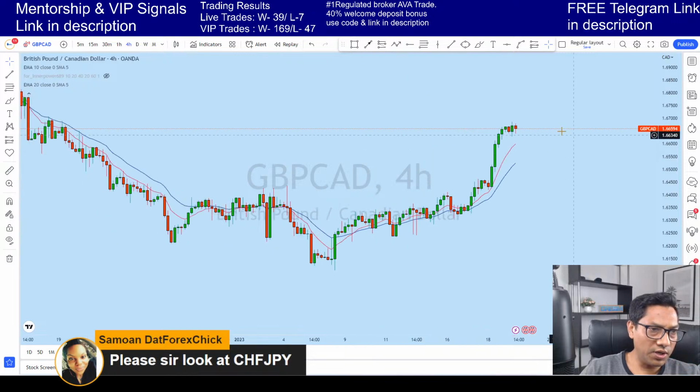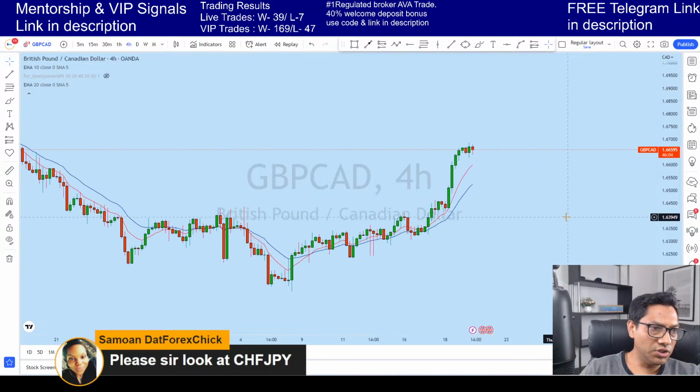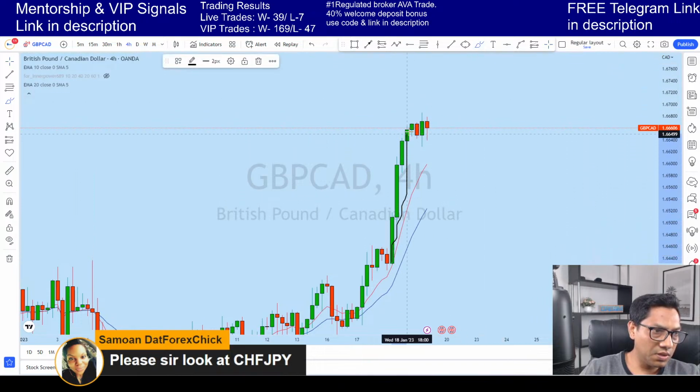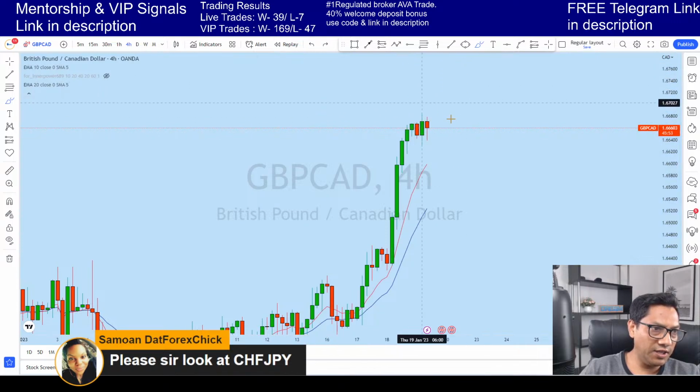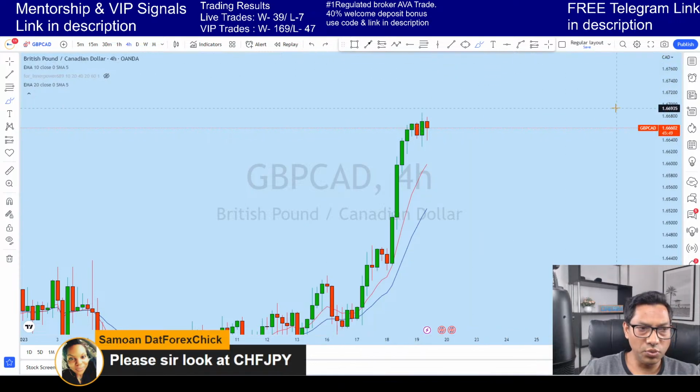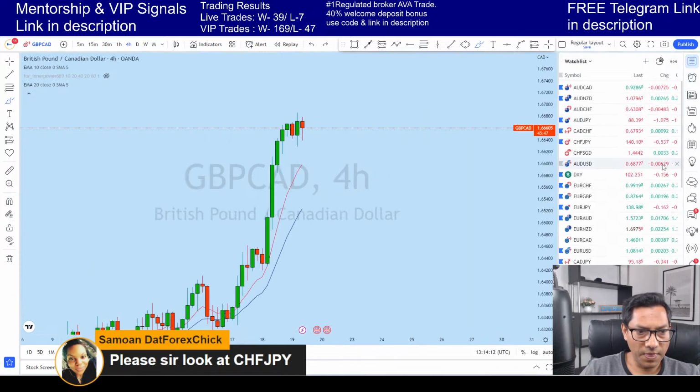Let's look at the lower time frame. So this is where I see that after this big impulse, consolidation, which is a continuation pattern, from here we could see the price again pushing up.